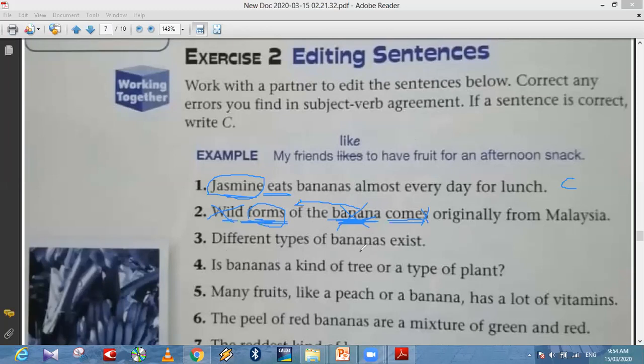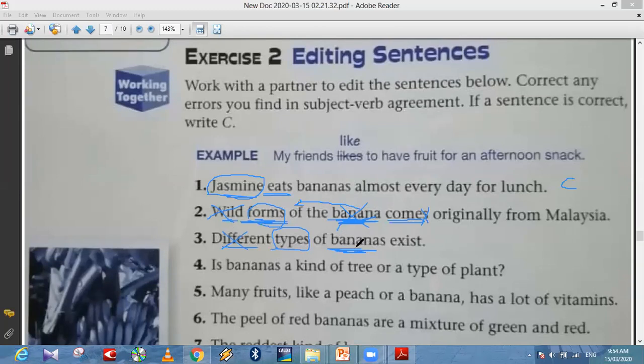Different types of bananas exist. Yes. What is the simple subject? The simple subject is types. Types, that's right. Plural noun, and here different is an adjective. Yes. So why not bananas is the simple subject of the sentence?